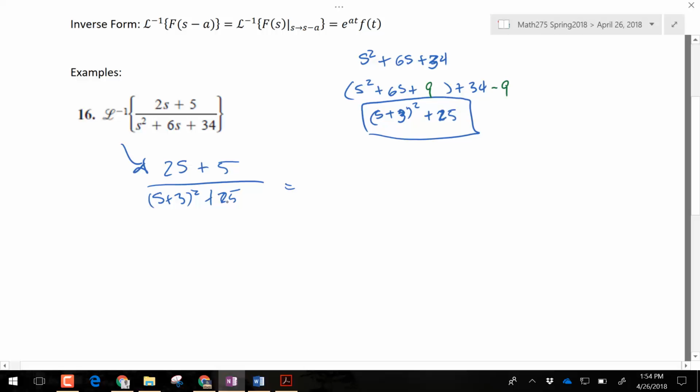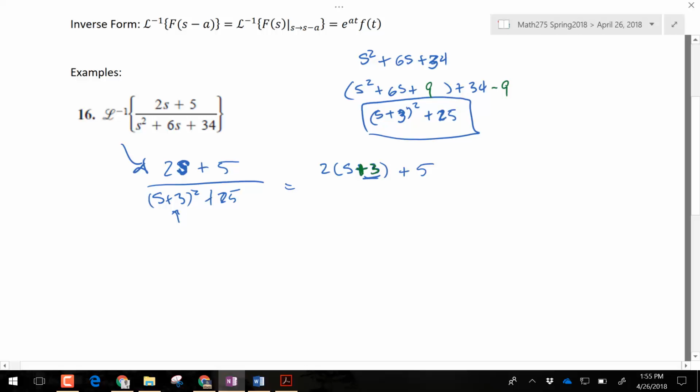So this is what we have. This is an s, not a 5, right? You're writing your s's different from your 5s. So this is your s. And our variable now has shifted to s plus 3. So I think we're going to need to rewrite this with an s plus 3. So we have a 2. I want to force an s plus 3 here, which means I also need to compensate for this plus 3 that I put.